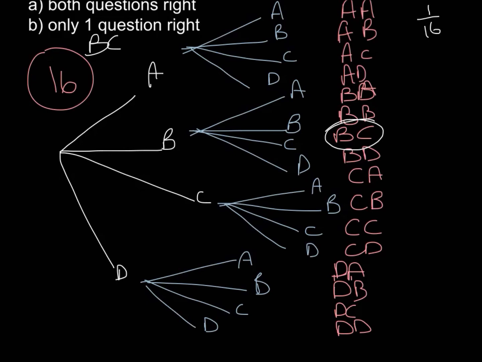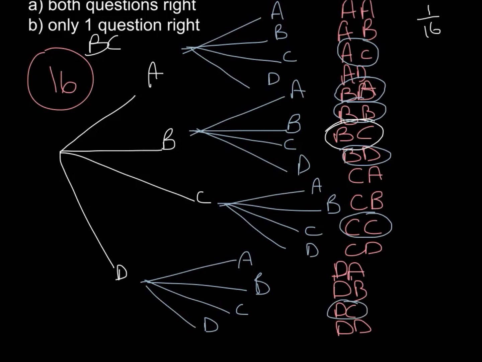So in that case, he could have chosen B as the correct first answer, but the wrong second answer. So there's 3 there that I've circled in blue. Or he could have chosen C as the correct second answer. So C second is here, here, and here.